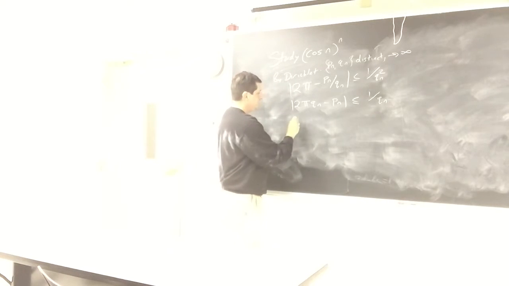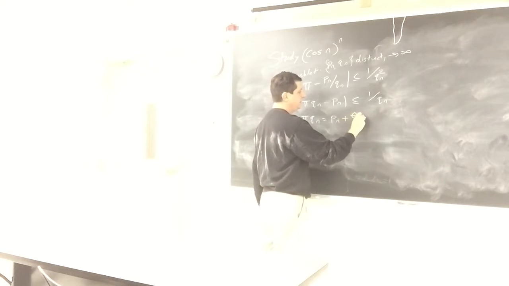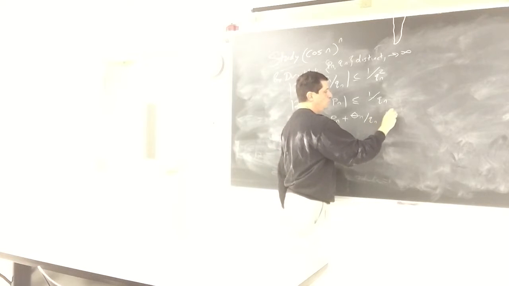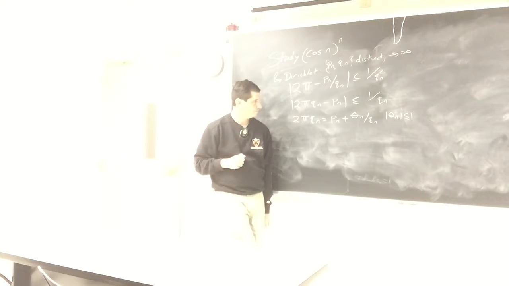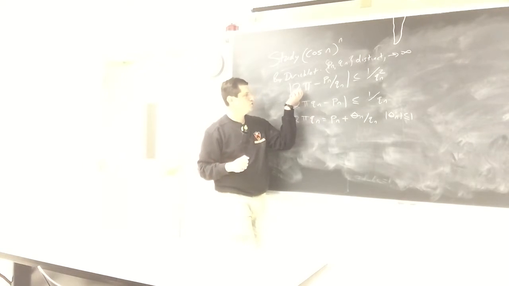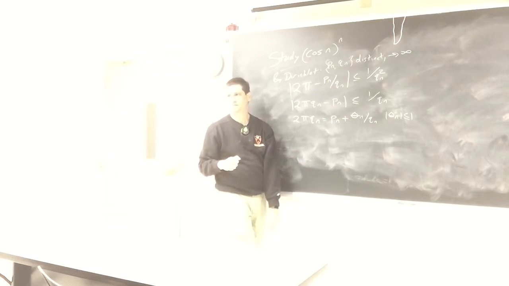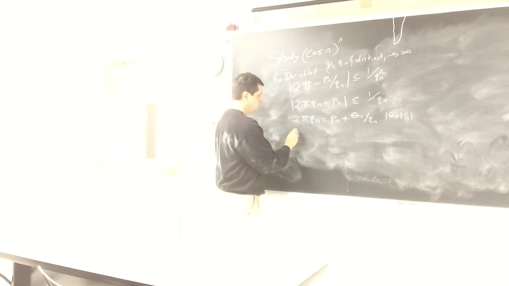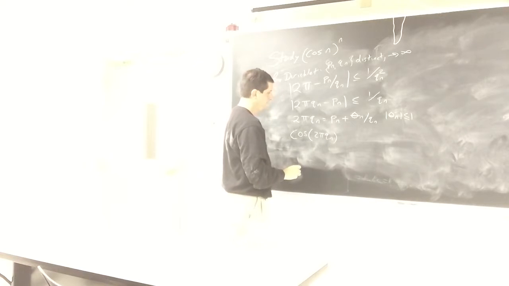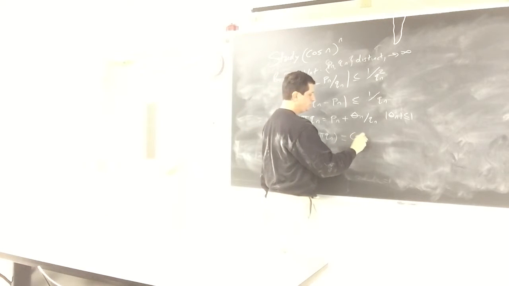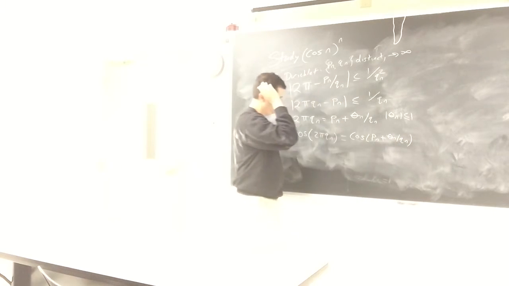So what this means then is that 2 pi qn equals pn plus theta n over qn, where theta n is less than or equal to 1. Because 2 pi is irrational, I could replace all these less than or equal to's with less thans. It's fine. So now, the cosine of 2 pi qn equals the cosine of pn plus theta n over qn.